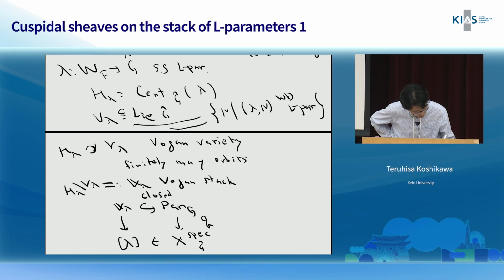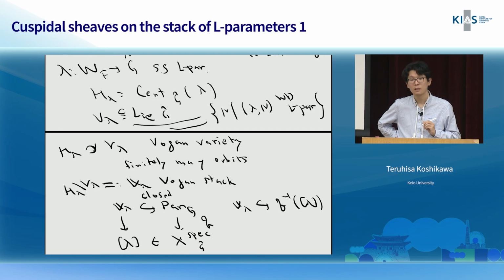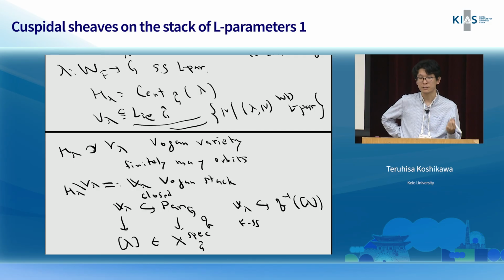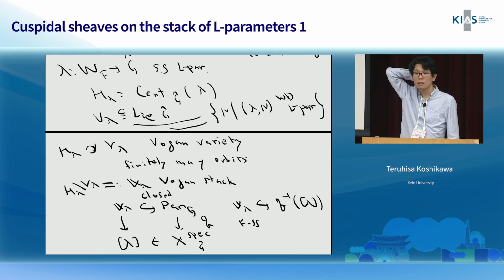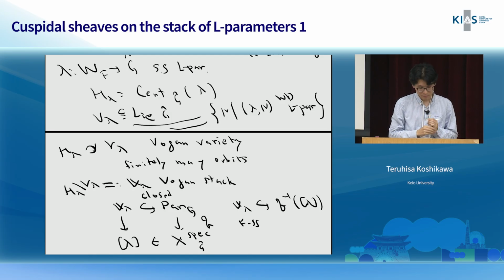So V lambda fits in the fiber, namely Q inverse lambda. But B lambda is somehow the Frobenius simple locus of the fiber, and which is closed. Okay? Frobenius simple locus. Okay? Any other question? Okay.